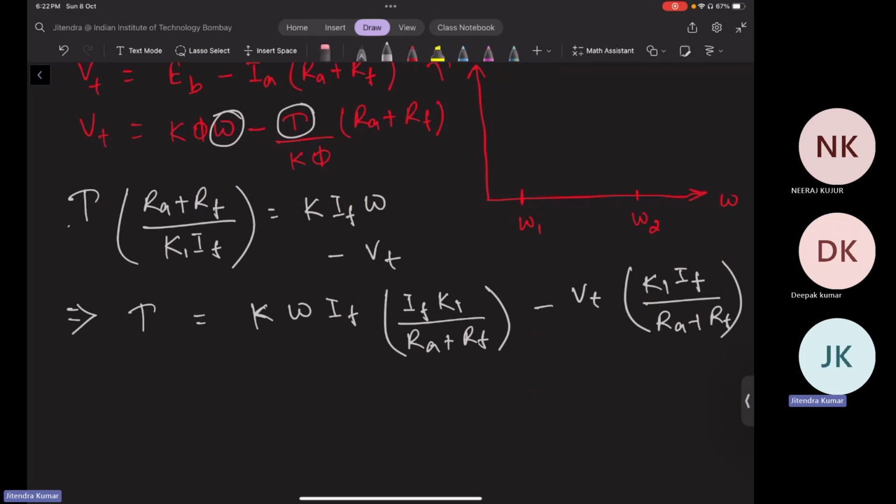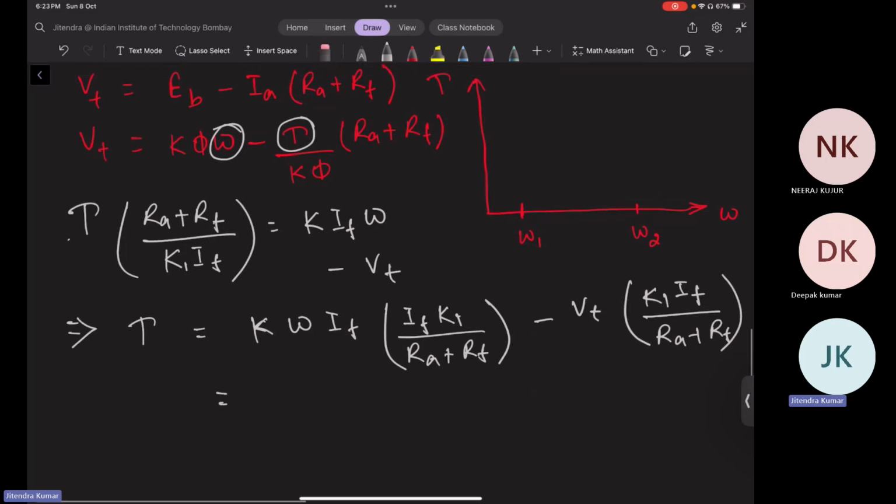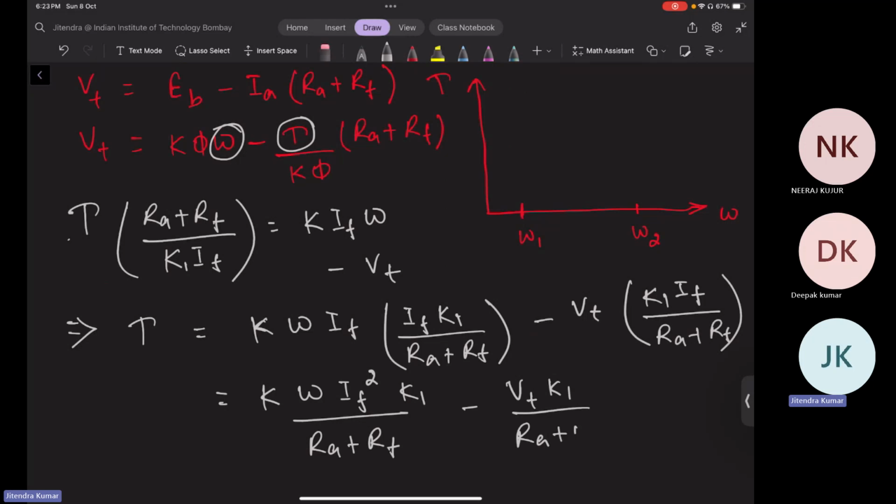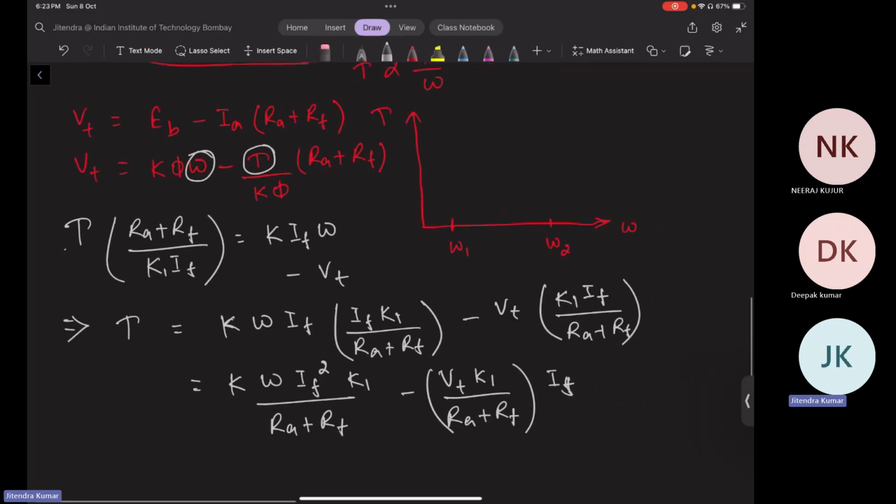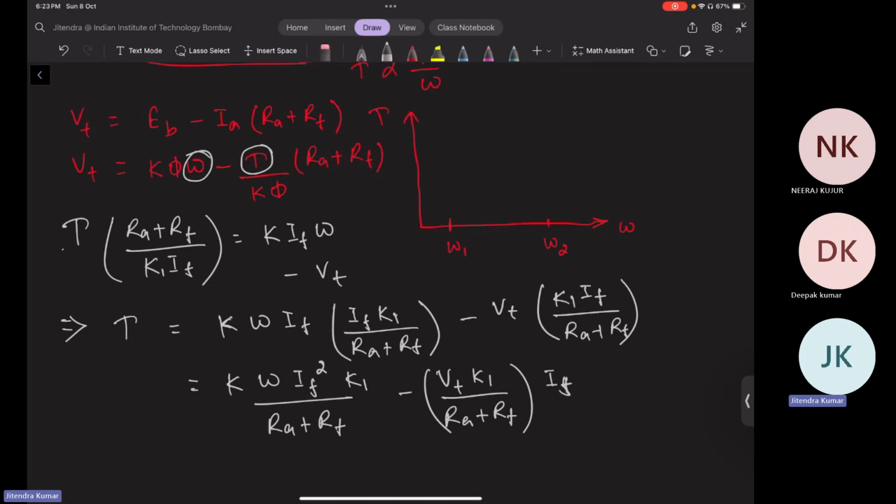So it is this kind of characteristic, and if you equate it further, K omega IF square divided by Ra plus Rf, minus Vt K1 by Ra plus Rf into IF. And IF can be equated to Ia, right? Because it is a series machine.